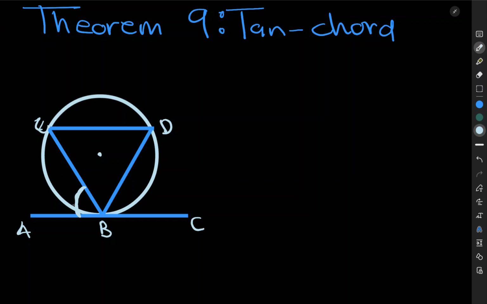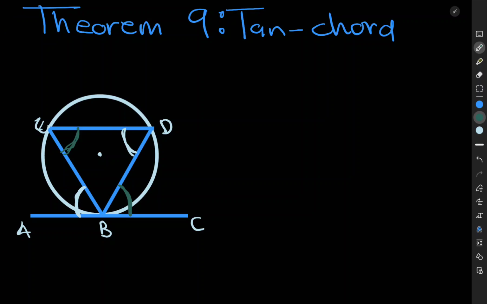Okay, so that angle which is between the tangent and the chord will be equal to this angle over here. Okay, and to use a different color, that angle, since it's still between a tangent and a chord, will be equal to this angle over here. Okay, so this one is one of the most common theorems and the most complex one. The reason is because they know it's very complex, so they're definitely going to ask you.